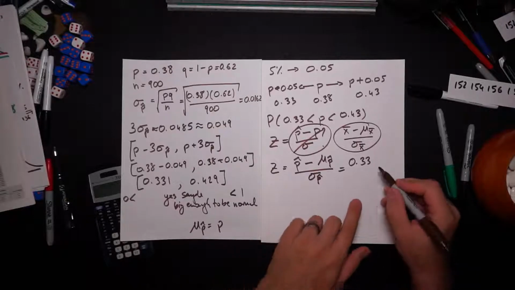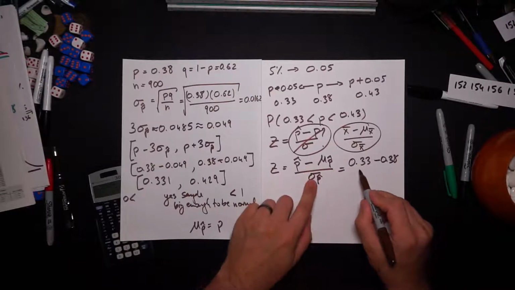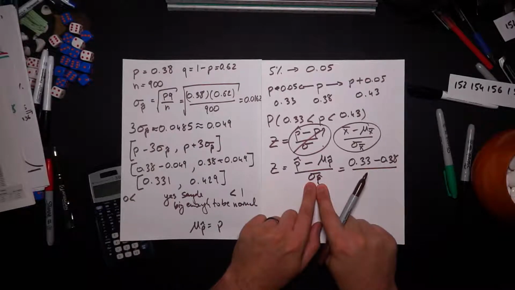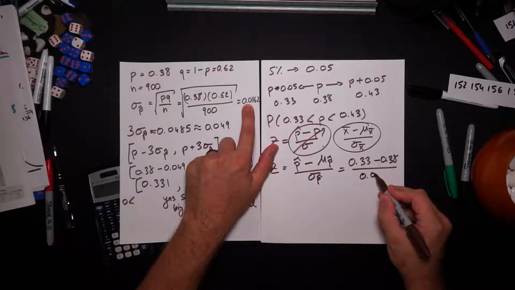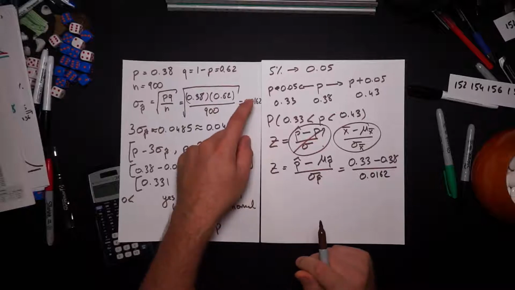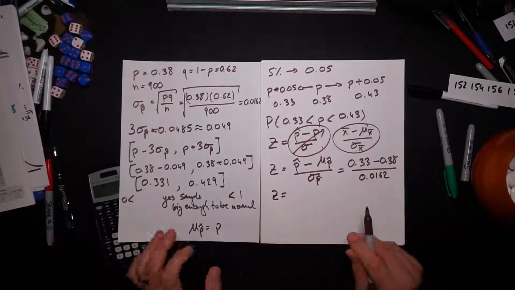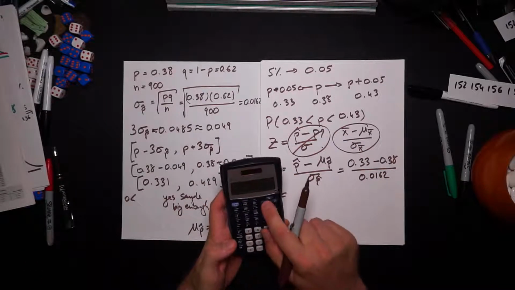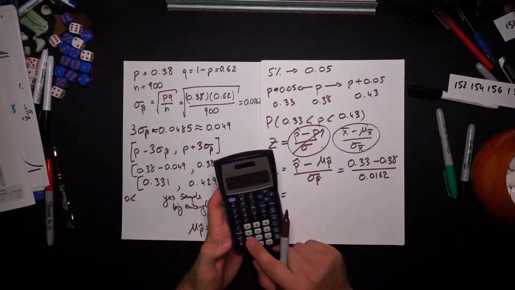So this is 0.38 divided by this. And so our z for the first one comes out to be 0.33 minus 0.38 divided by 0.0162.